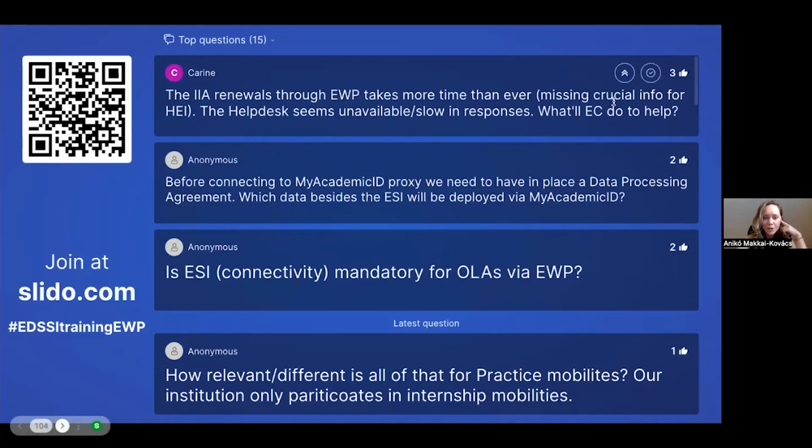The IIA renewal through EWP takes more time than ever. So this is, I think, also something Paul already addressed: to try and work with someone that has a system that works already. But Paul, I would also like to comment on the help desk that seemed to be unavailable.